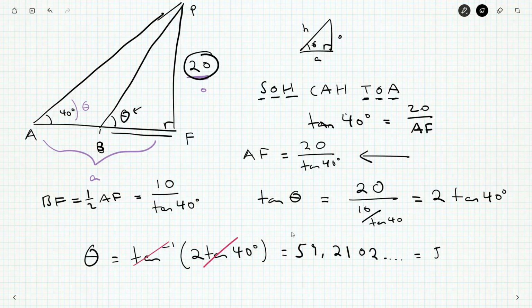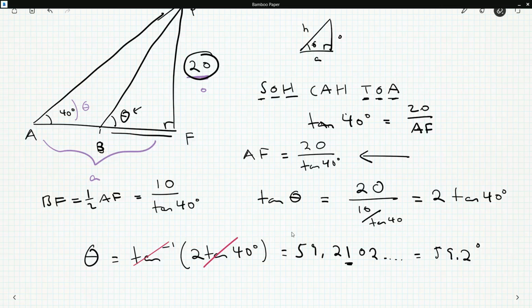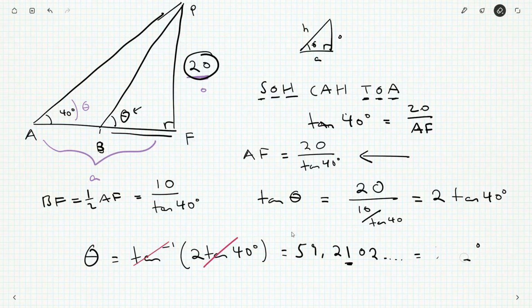But we only need 59 point, the hundredths digit is 1, so we'll round down to 59.2 degrees. And they did say to the nearest degree. Okay, so we just need 59. And that's going to be our final answer.